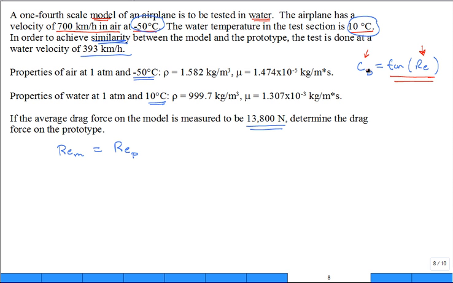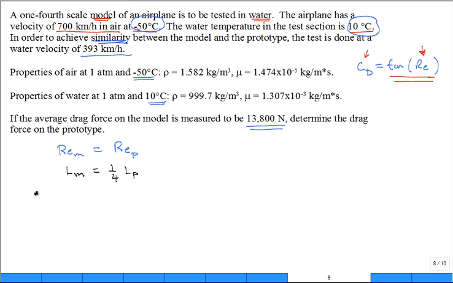So how do we check the model versus the prototype Reynolds number? Well, we take a look at what they say about this 1/4 scale model. That means the length scale in the model is equal to 1/4 the length scale of the prototype. True? Okay. So a couple ways you can do it.